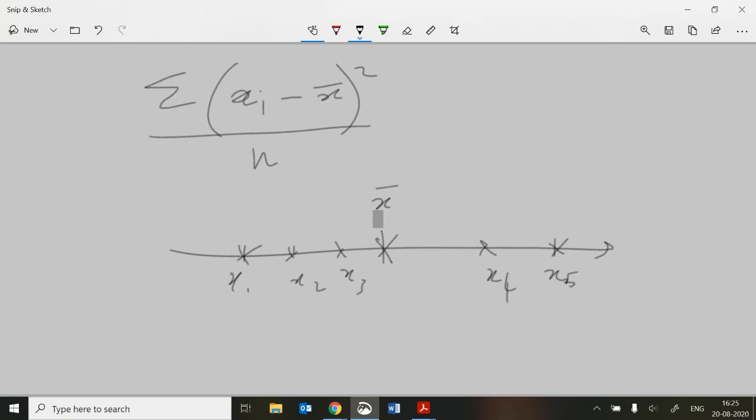Now we have what's called the variance. And the variance is just what it is from the formula. It's the average of all of these x points, take away x bar, squared to make it positive, add them all together, all of those differences squared, and then divide by n to take the average of them.